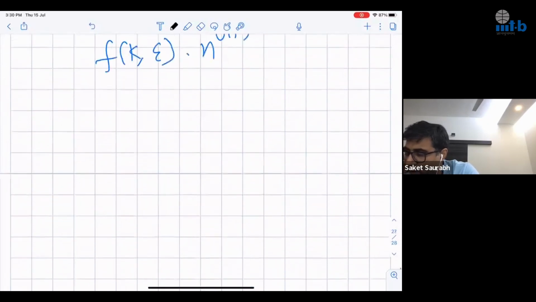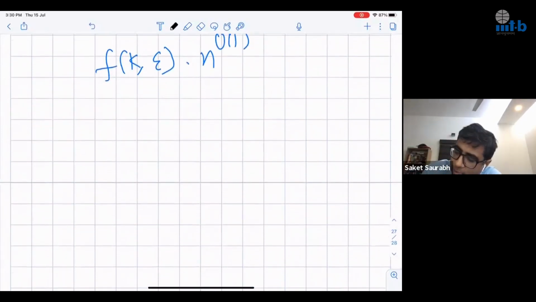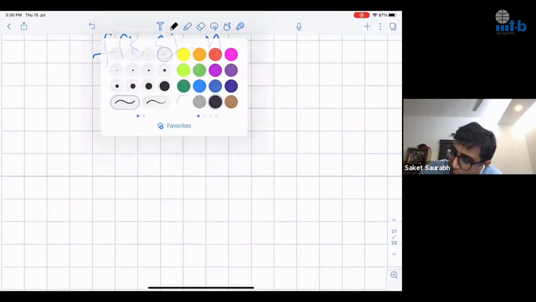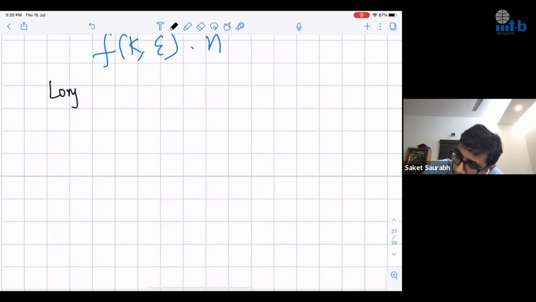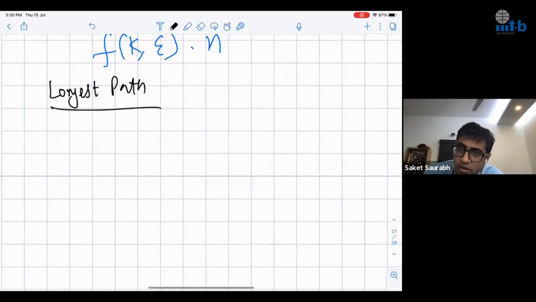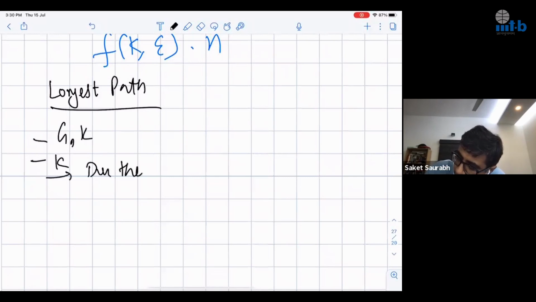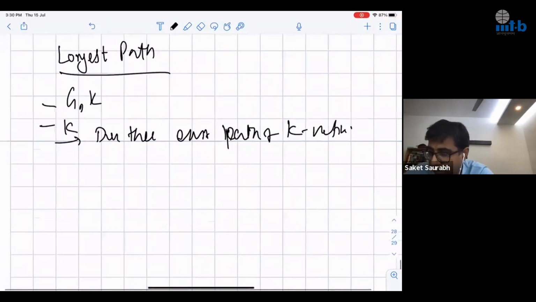So for example, I could have applied the same philosophy for, say, longest path. What is the longest path problem? You are given a graph G and k, and you are asking, does there exist a path on k vertices? Fine. So what will be my algorithm? My algorithm is very simple.